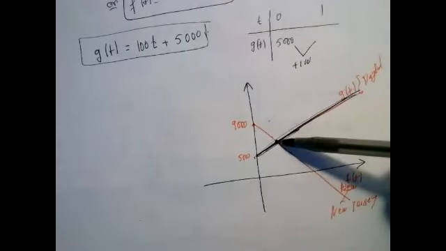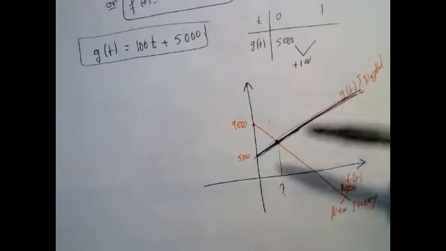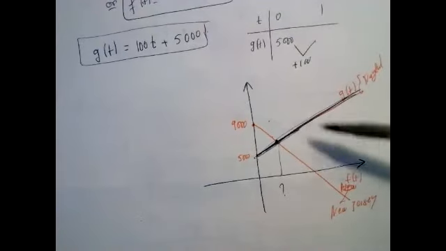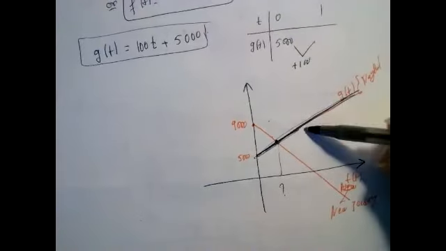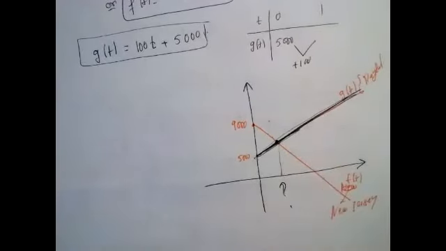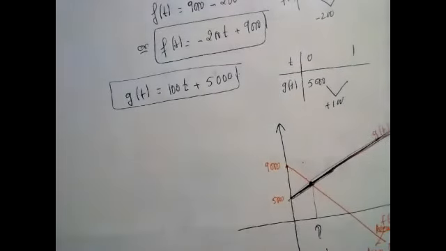And then there is a certain time, because one is decreasing and one is increasing, Maryland is going to take over. So the question is, when does this happen? How can we figure out this answer? What do you want me to do? Ideas?